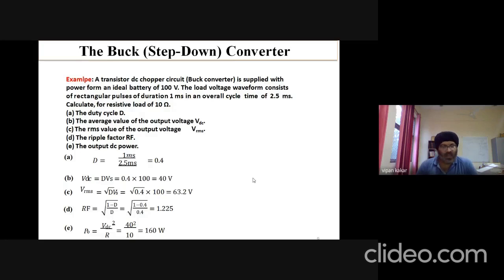And now ripple factor, again using that formula, is 1.2. Output power is the voltage at the output, which we calculated as 40 volts, squared, divided by R. So 40 squared divided by R is 160 watts. So we have 160 watts at the output.